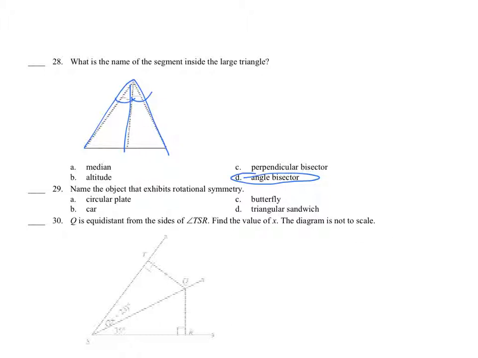What object shows rotational symmetry? Well, remember, rotational symmetry is when we rotate the object, and the only one is a circular plate, we could rotate it and it could map itself. It would not work with the car, would not work with a butterfly. A butterfly would have line symmetry. And a triangular sandwich, that choice actually kind of sounded odd.